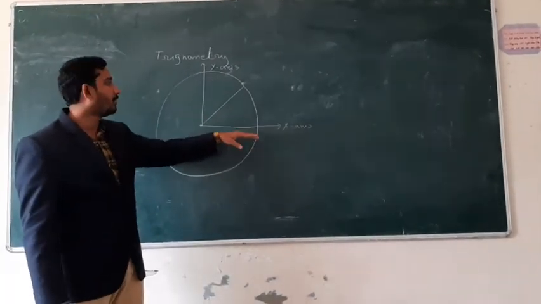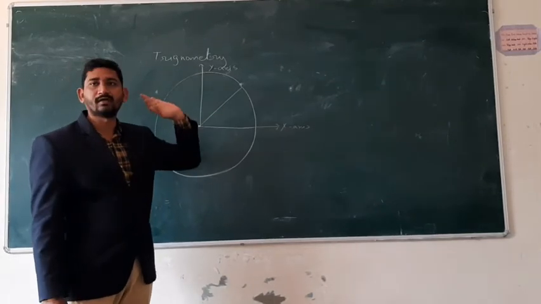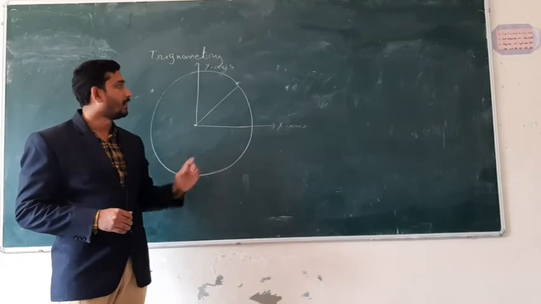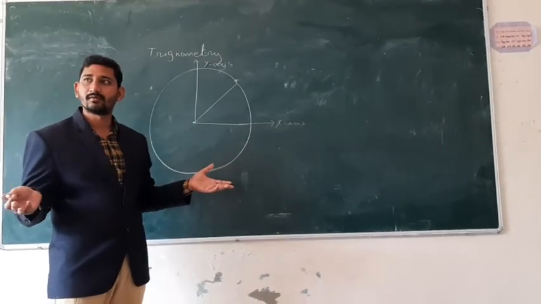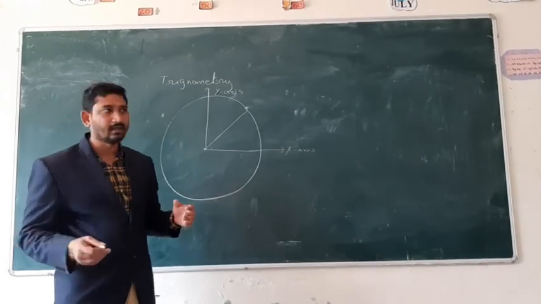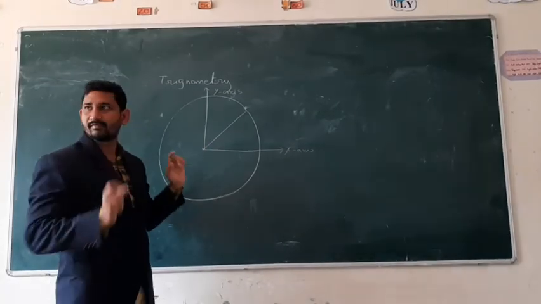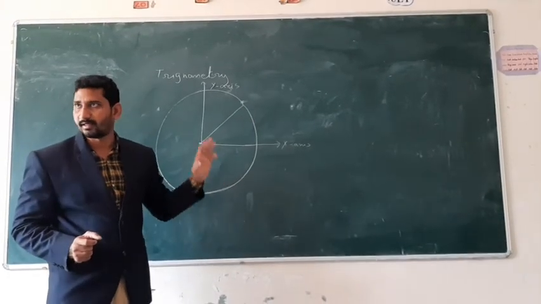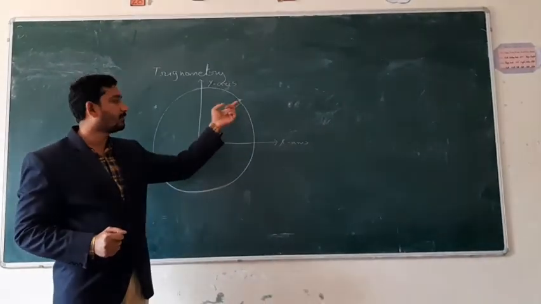When it is rotating, the ball is displaced from here to here. Actually, this is not the position. It will rotate, the ball will also move in a circular path. In that, we have taken one photograph and we are talking about this situation. In this situation, the ball moved from here to there.